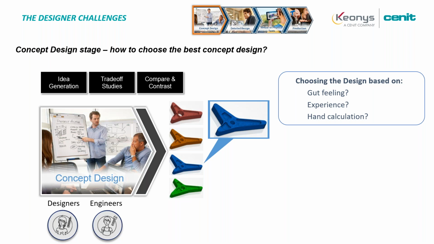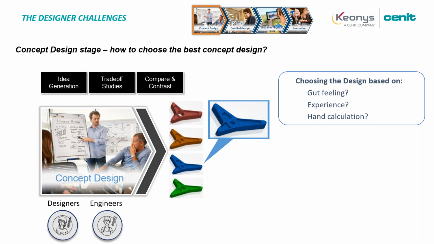The gut feeling, what you feel about the part. You think that this one is better than the other one because inside of your thinking you feel it's better, or maybe you've done some hand calculation that can also be useful just to have a first idea of whether the part is quite well designed or not.